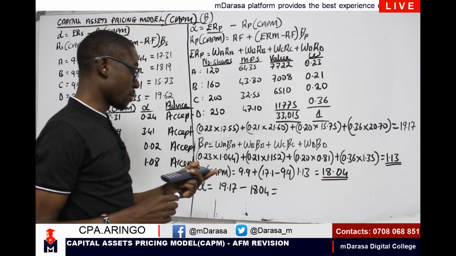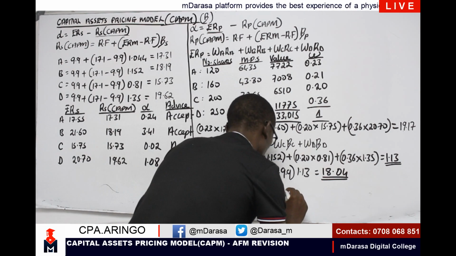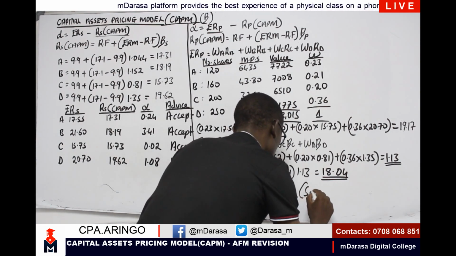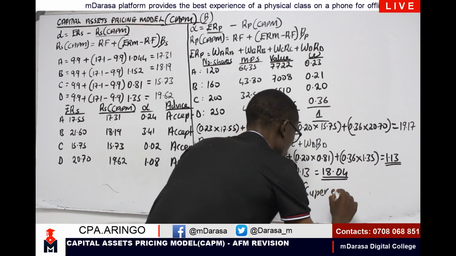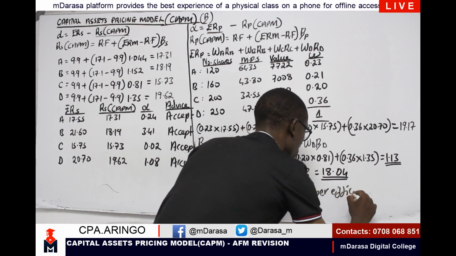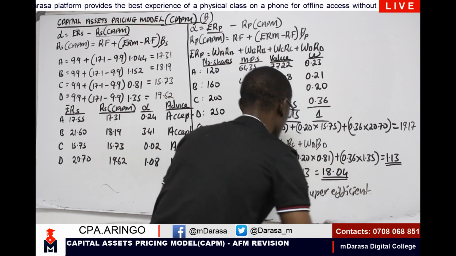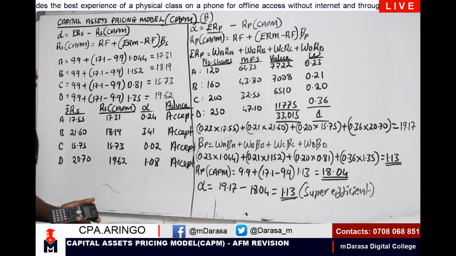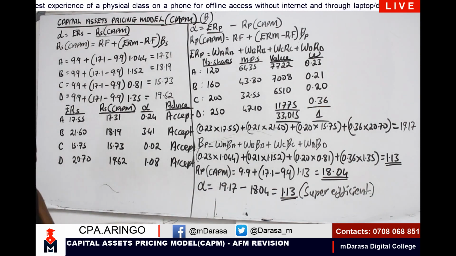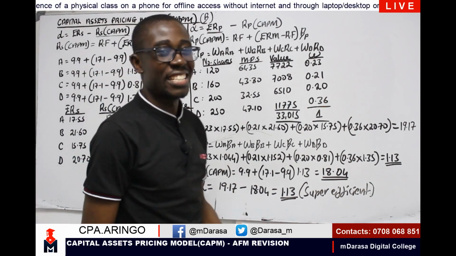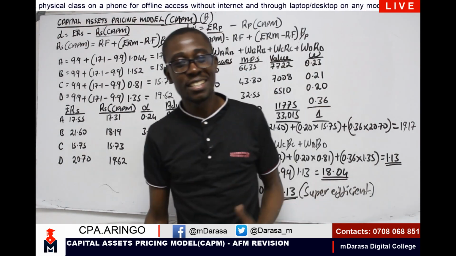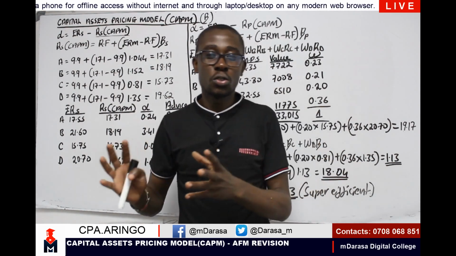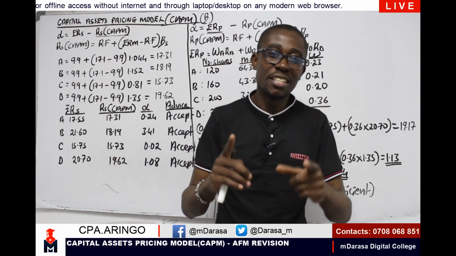In this case, I'm getting 1.13. So ideally, this is what? Super efficient, because ideally it is a positive value. Our alpha is positive. And basically, that is what we are required to do in this question. Following the procedures right, working them out correctly, we are going to achieve these results.